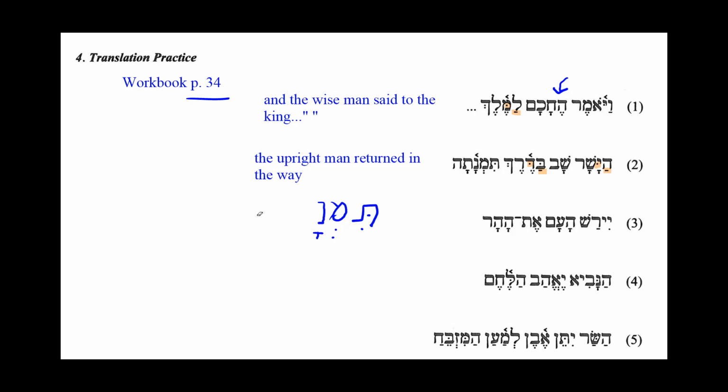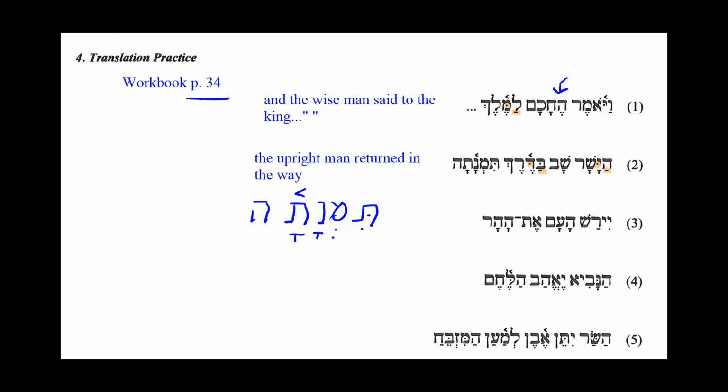So instead, it's going to convert that first hey to a tav and then put the hey on. So we're going to get Timnata, and the accent is going to recede back to the second to last syllable. So that is a directive hey on the place name Timnah.